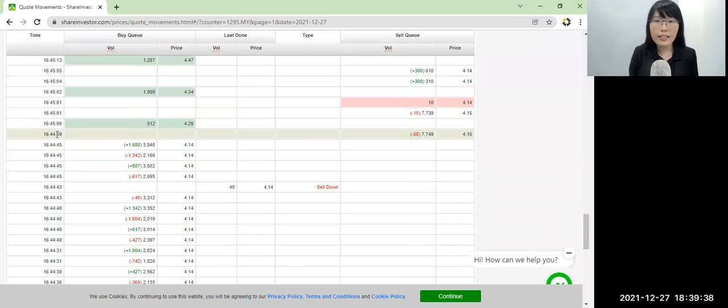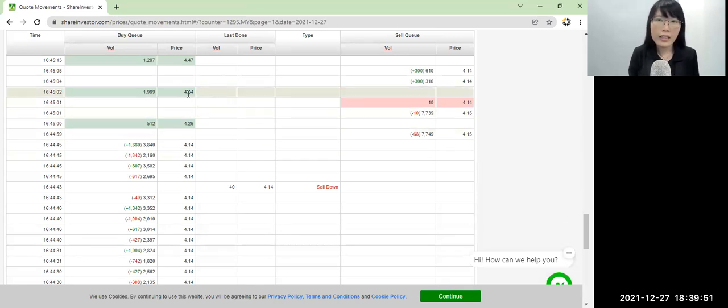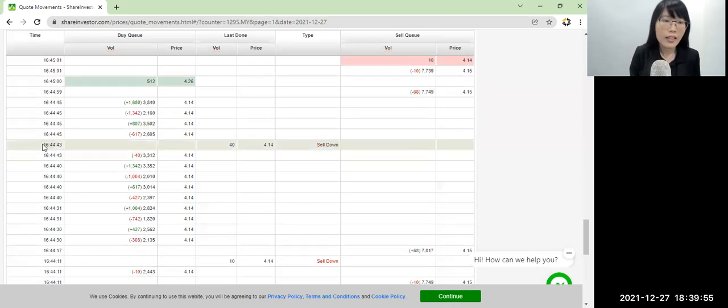But then 68 lots are eaten up by the buyers. Let me give you another example. You see at this time, there are 40 lots queuing up at 4 ringgit and 14 cents and successfully sold down.